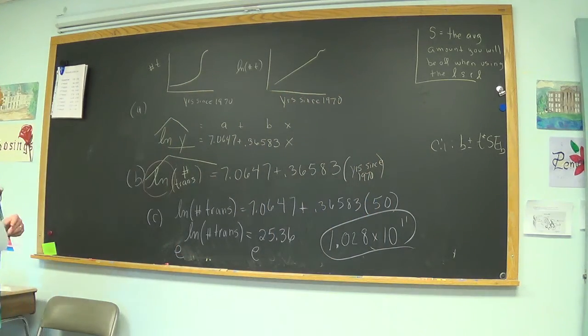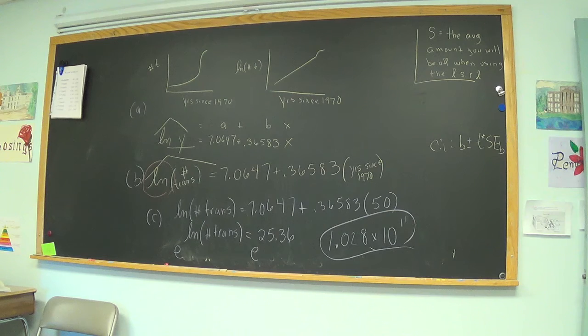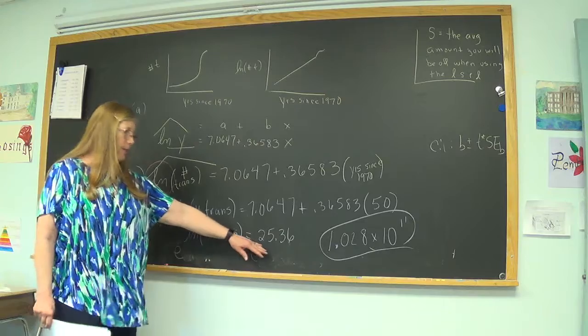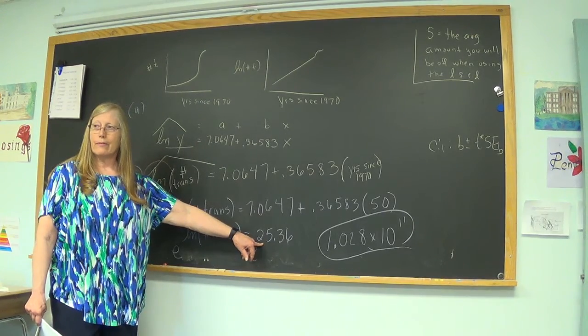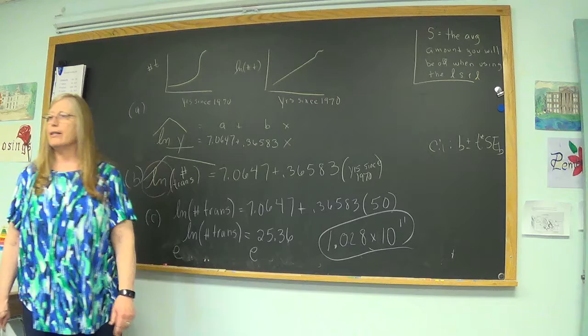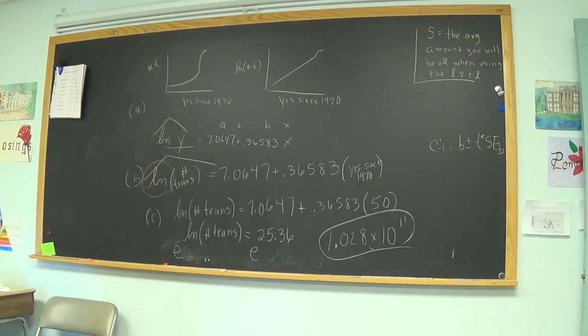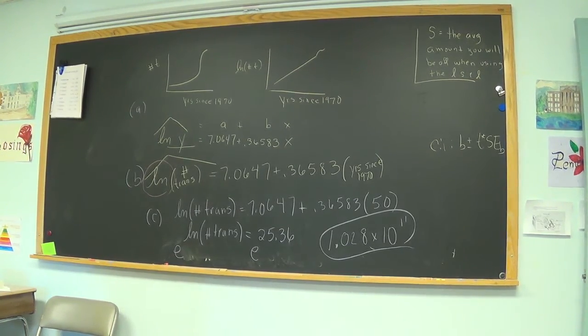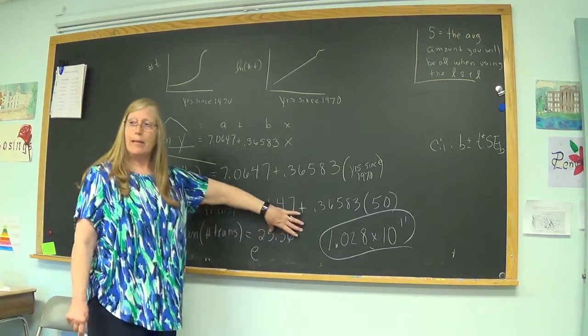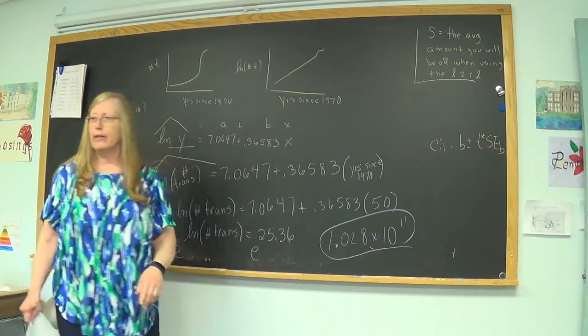Because Haley and I probably put it in as 25.3562 instead of 25.36. We should round it off. Okay, the smallest change when you're doing an exponent makes a big difference, but I will accept all of those.